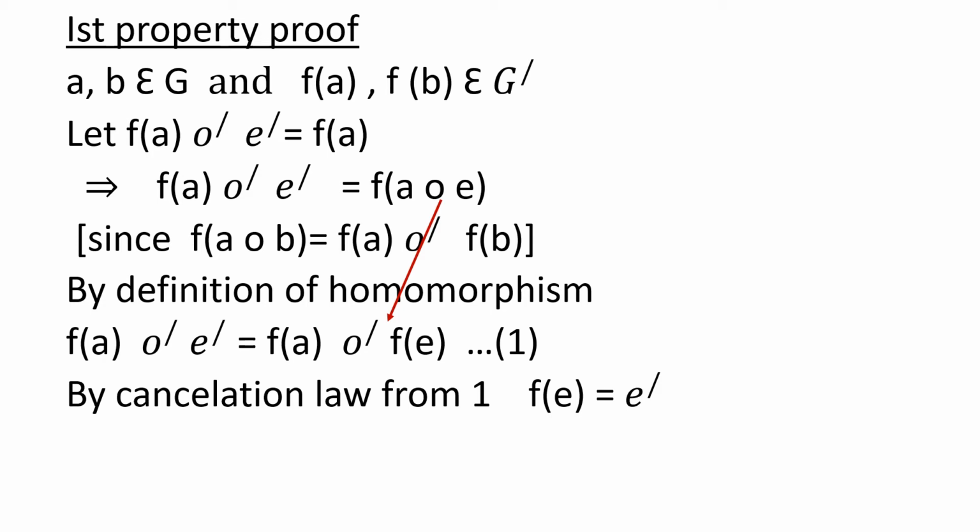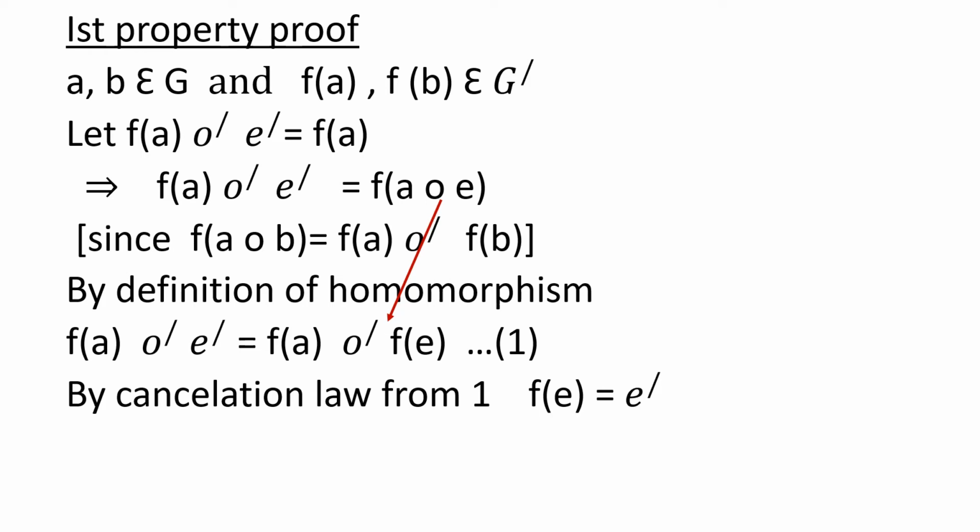Here e is an element of G only, so we can write it in the bracket also, so f(a) can be written as f(a O e). Now, as per the property of homomorphism, f(a O b) will be equal to f(a) O' f(b).